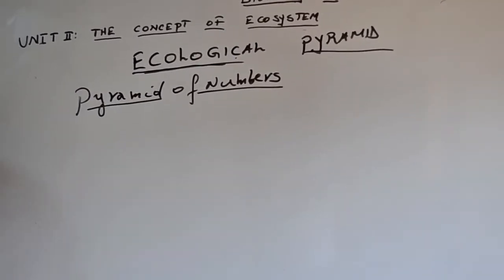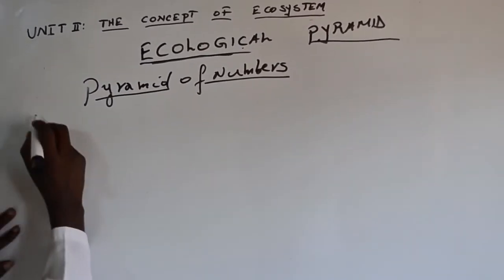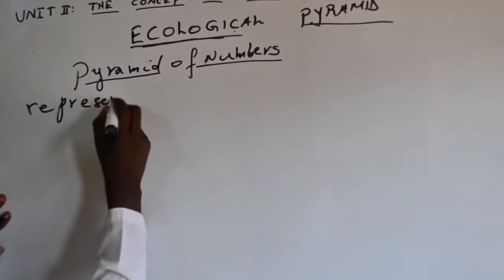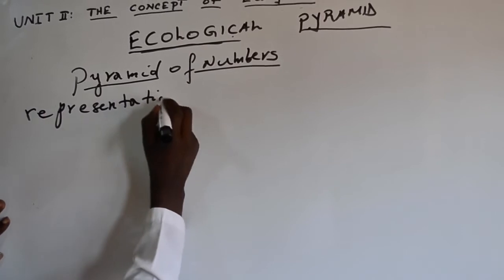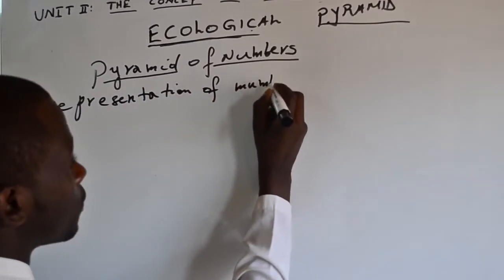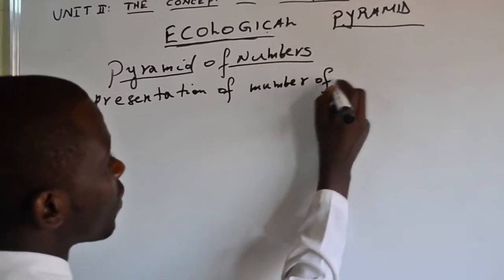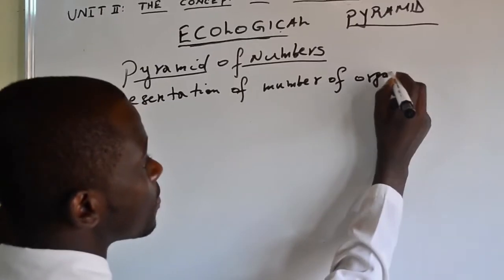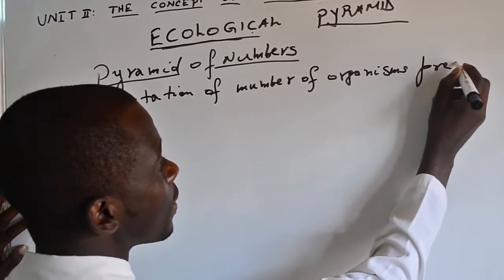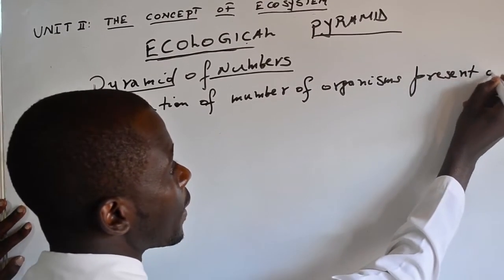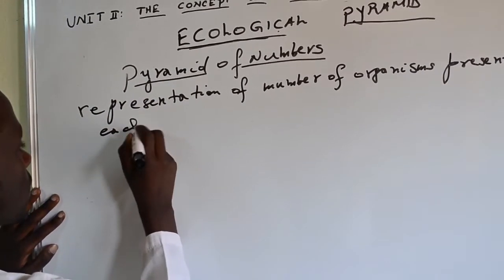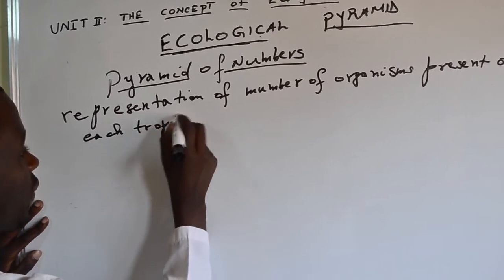The pyramid of numbers is a representation of the number of organisms present at each trophic level.